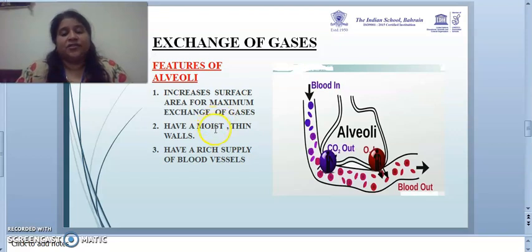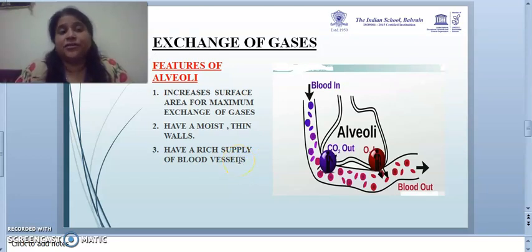The second feature is that the alveoli is one cell thick. It has thin walls, one cell thick. The third feature is that it has a rich supply of blood vessels, namely the capillaries, or the minute blood vessels, which are also one cell thick.